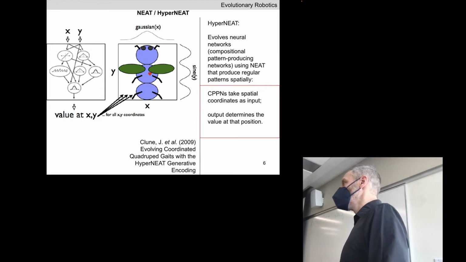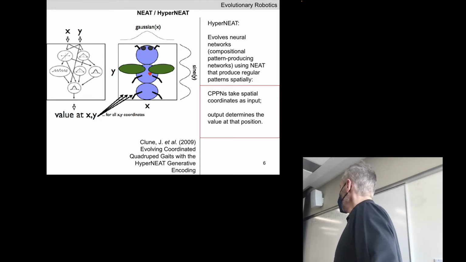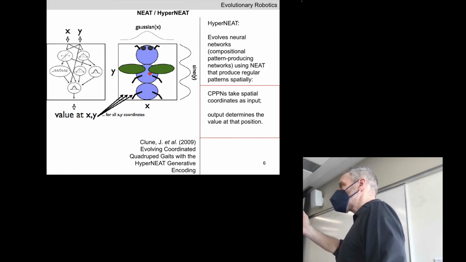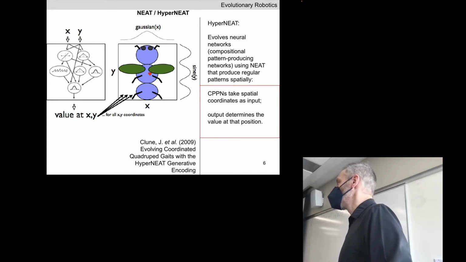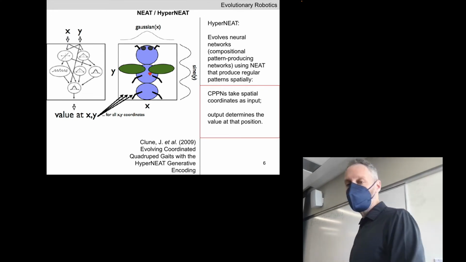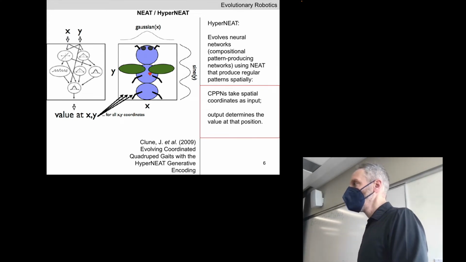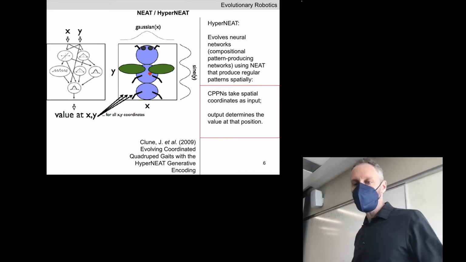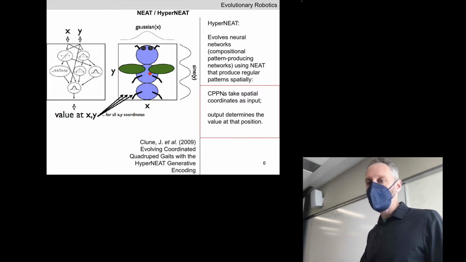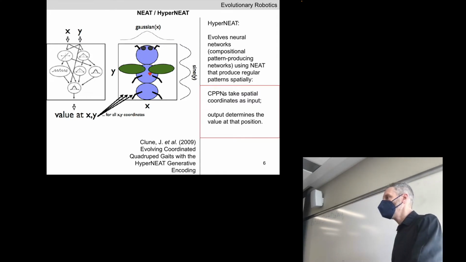Mutations can add or remove neurons and synapses from CPPNs. NEAT is also going to cut parent CPPNs and try to line them up and combine similar parts together, as we just saw in NEAT. Most of HyperNEAT should look familiar. We're evolving populations of neural networks. The part that's new in HyperNEAT for us is these CPPN networks.